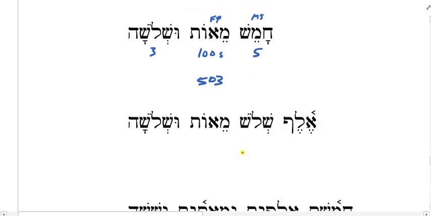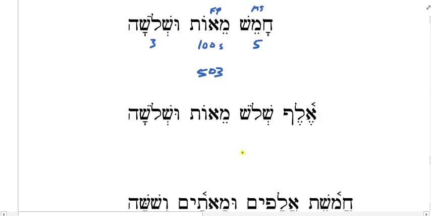The next example we have is Aleph. Shalosh me'ot u shilosha. Aleph is 1,000. And then I have Shalosh, which is 3. Notice that I have the reduced vowel form from shalosh to shilosh. So this is a construct form. It's 3 of me'ot.